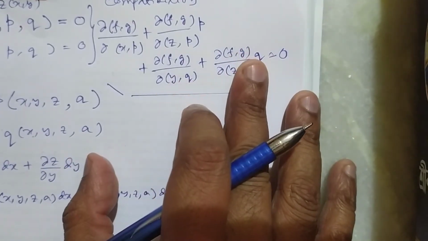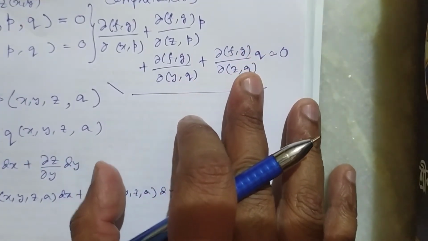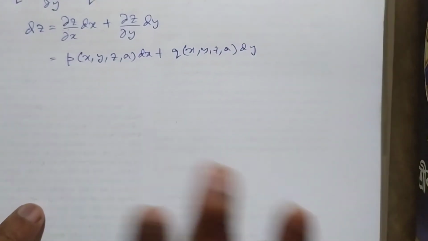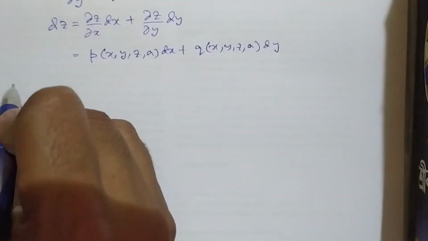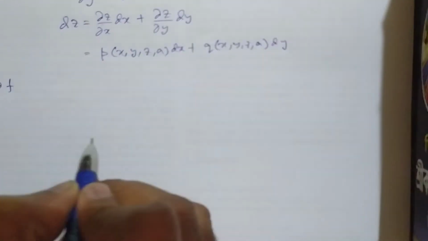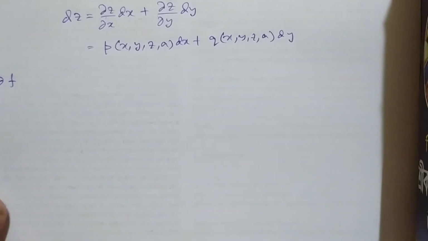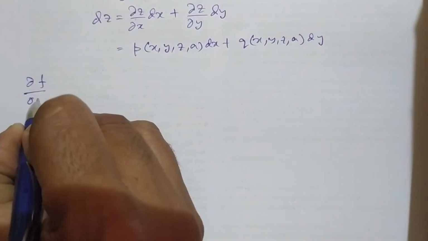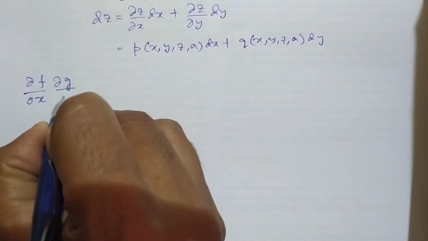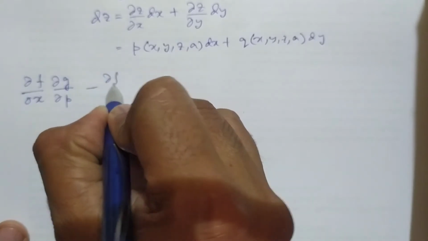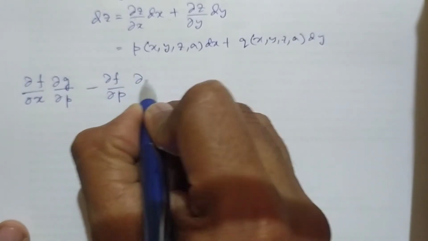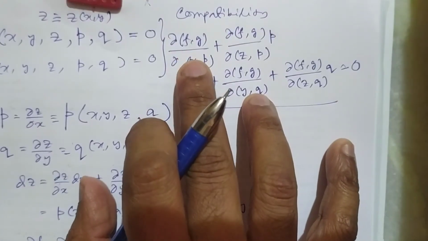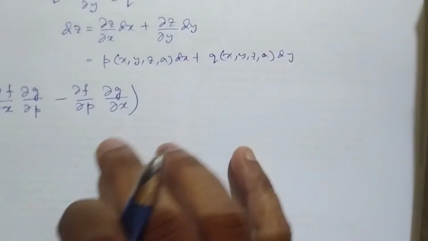So this is the compatibility condition that should hold, and if we write it explicitly, this means: del f del x del g del p minus del f del p del g del x, that is the first Jacobian we have written here.